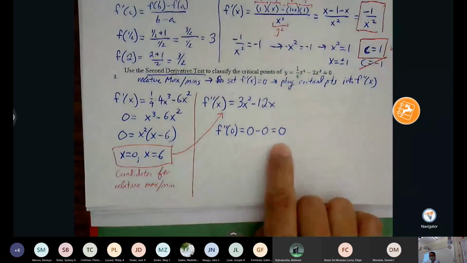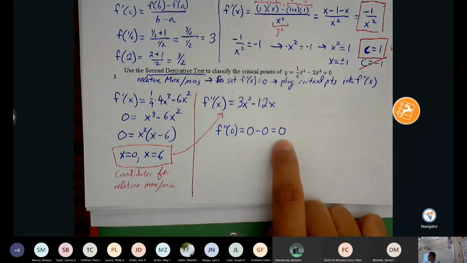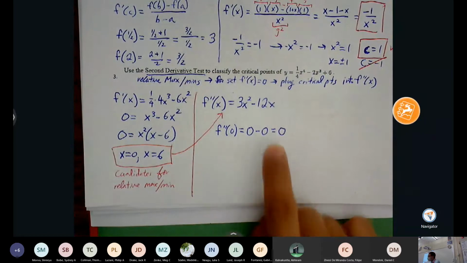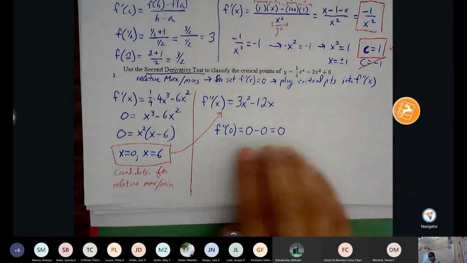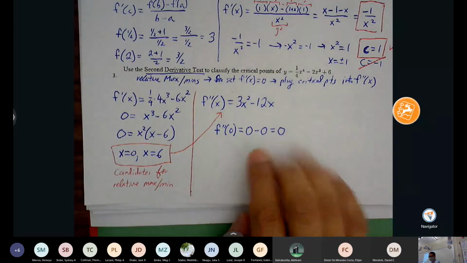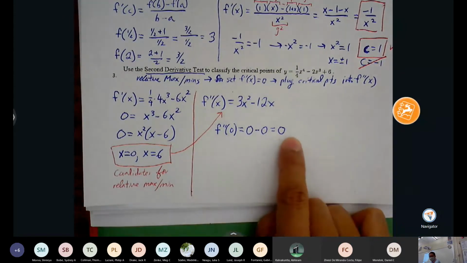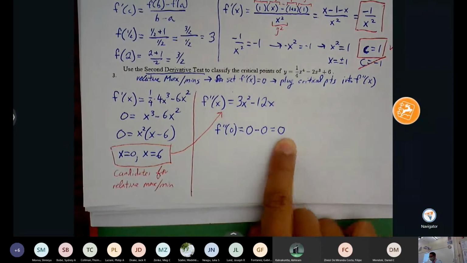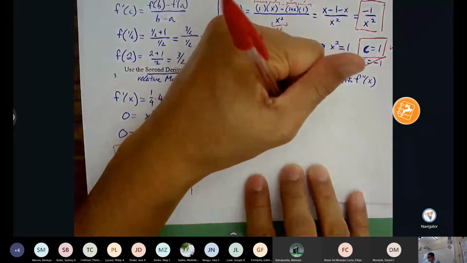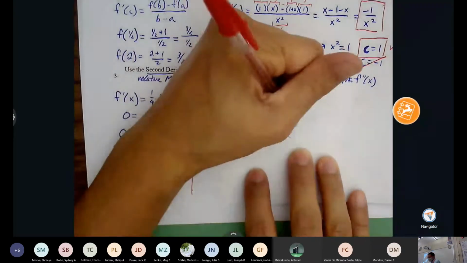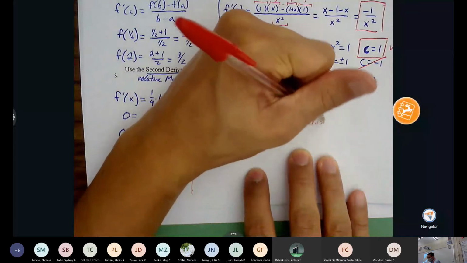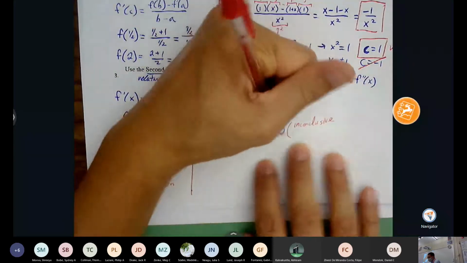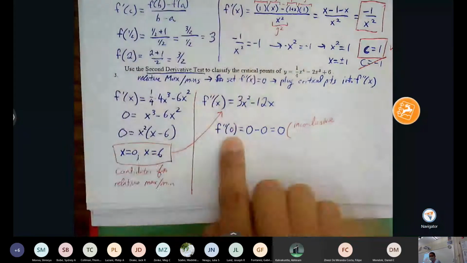Okay, there's an issue here, right? Because we can find max and min if we have positive and negative values from the second derivative so that we can conclude whether it's concave up or concave down. But this 0 tells us what? Okay, this is inconclusive. Second derivative test is not going to be a good way to determine what's happening at 0.